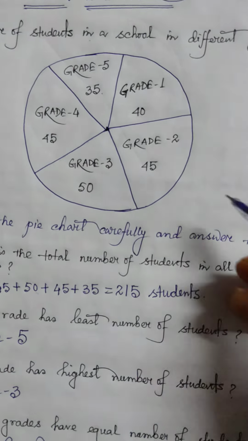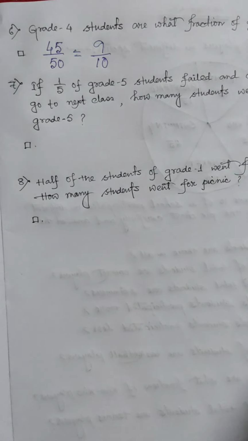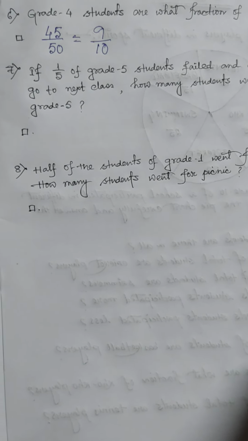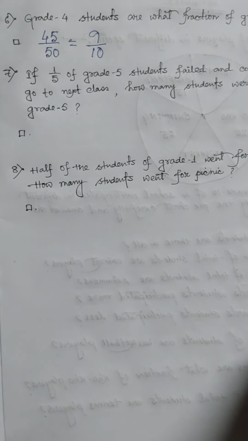So grade 4 is what fraction of grade 3? 45 by 50, and this one equals to 9 by 10. 9 by 10.